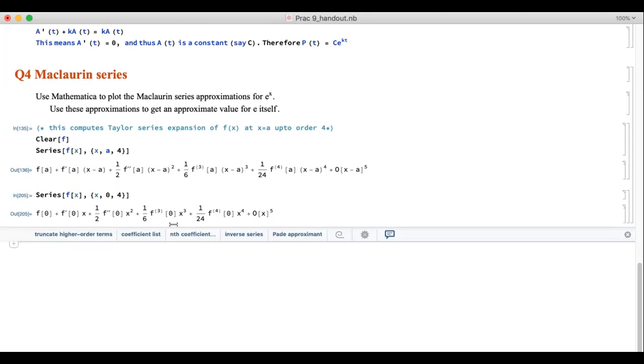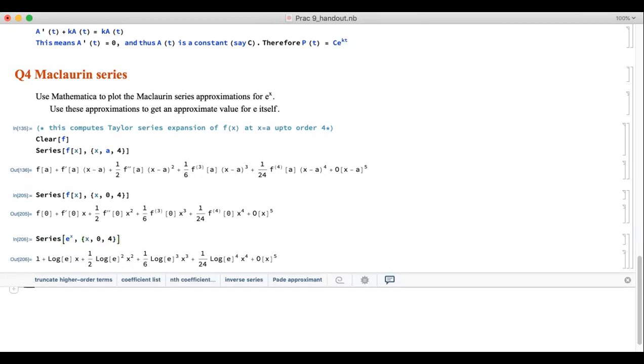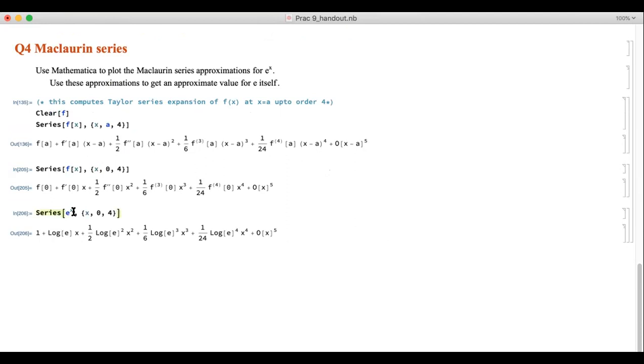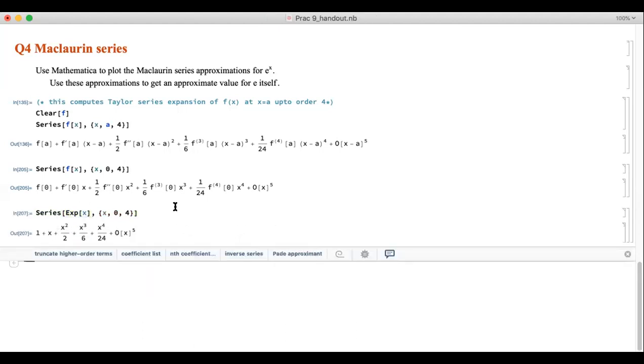Okay. So in particular, if you have e to the power x, you would get, oops, I think it should be, yep.